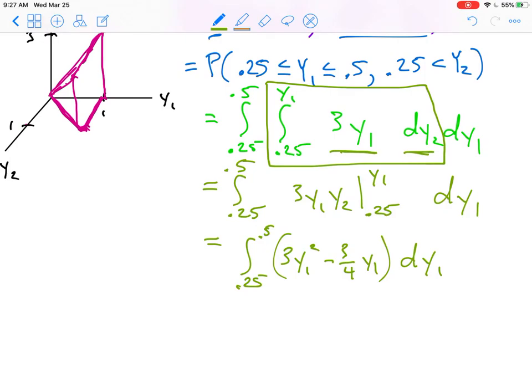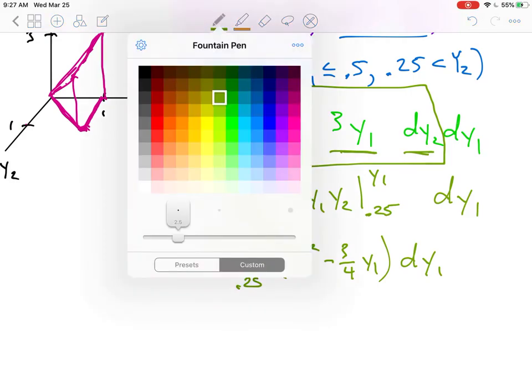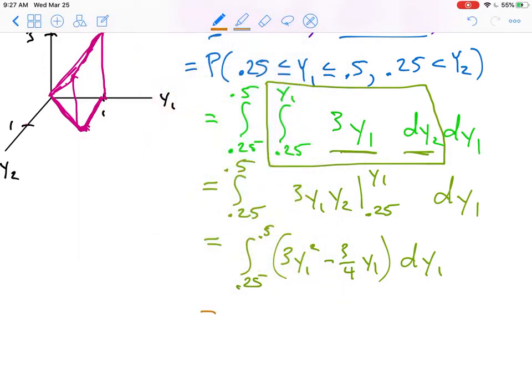Right, and so now we're going to integrate this with respect to y1. This first part is going to integrate to add 1 to the power, divide by the new power.